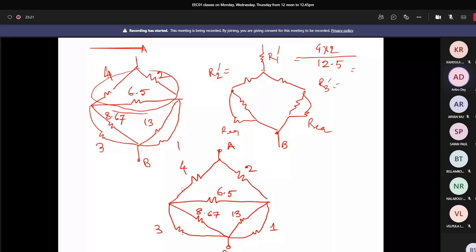Then within this C and D, these two points, we want to convert this delta. So we want to convert the delta ACD in terms of star. So then what will happen? We will just write it like here, and the other we will remove. So this is the case now.